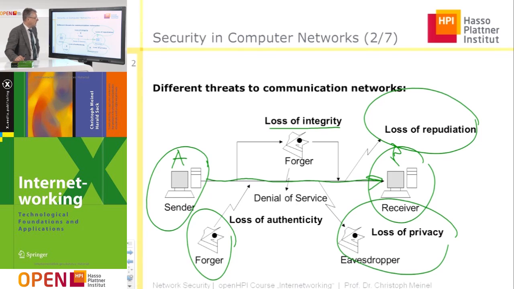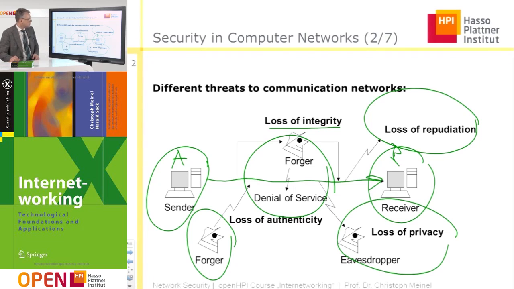And finally, there is a possibility, that's only a few examples of attacks, that forgers disturb the network communication at all. That they perform some tasks that take so much load that the mail or the information, the messages sent from A to B cannot come in time or cannot come in a correct way.